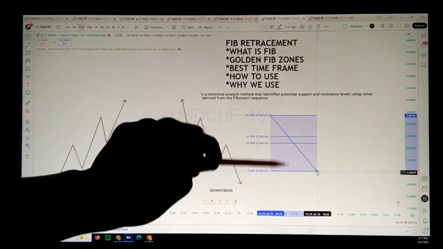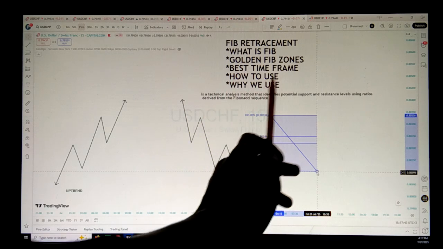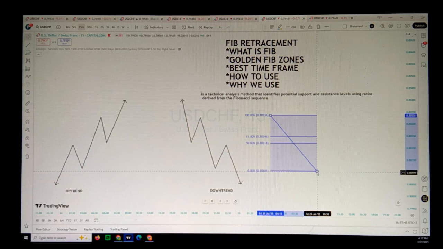Then from 60% to 0%, this is our discount area. So most people will tell you to buy at a discount zone and sell at the premium zone. If I translate that, they're saying you should buy at a cheaper price and sell at an expensive price.